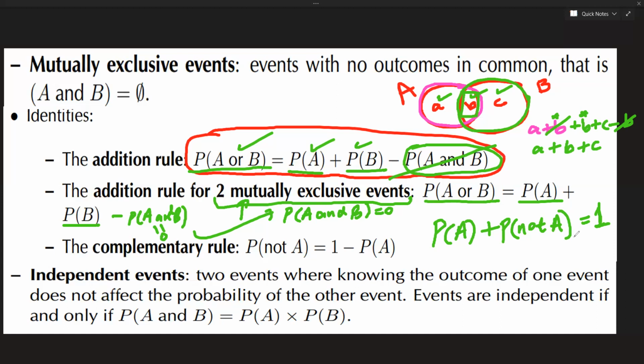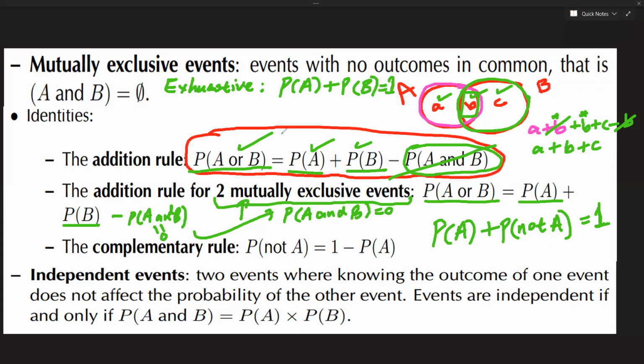Perfect. And then there's something that they didn't put here, which is, let me just put it here, exhaustive events. If two events are exhaustive, probability of A plus probability of B must be 1.